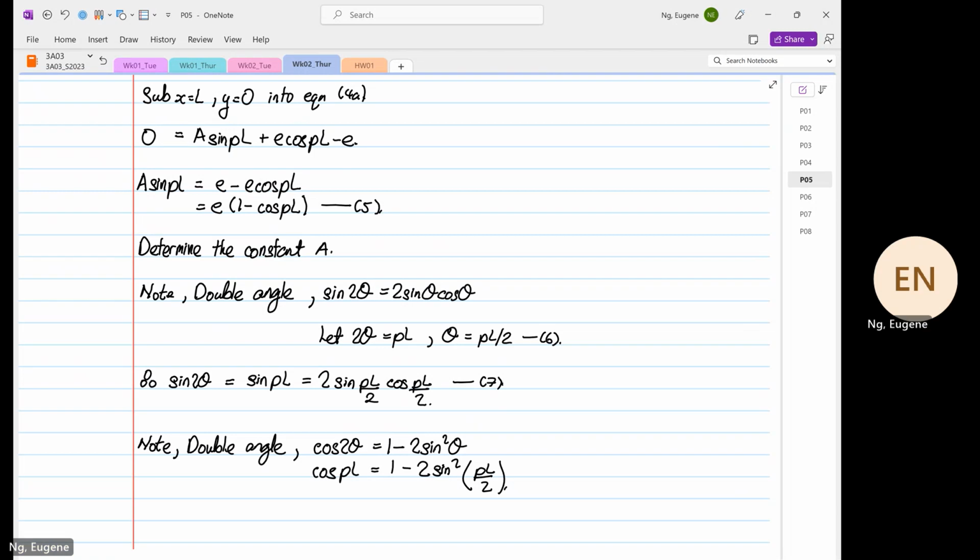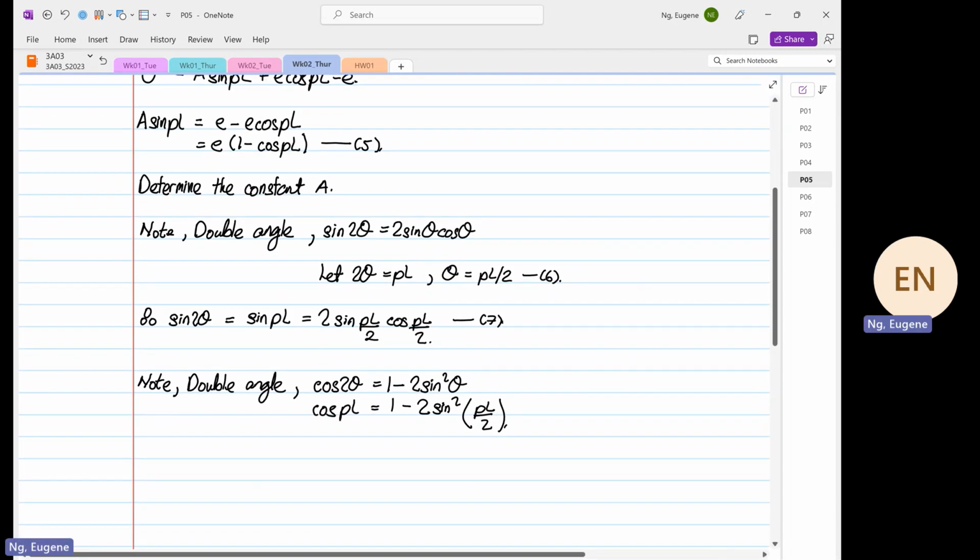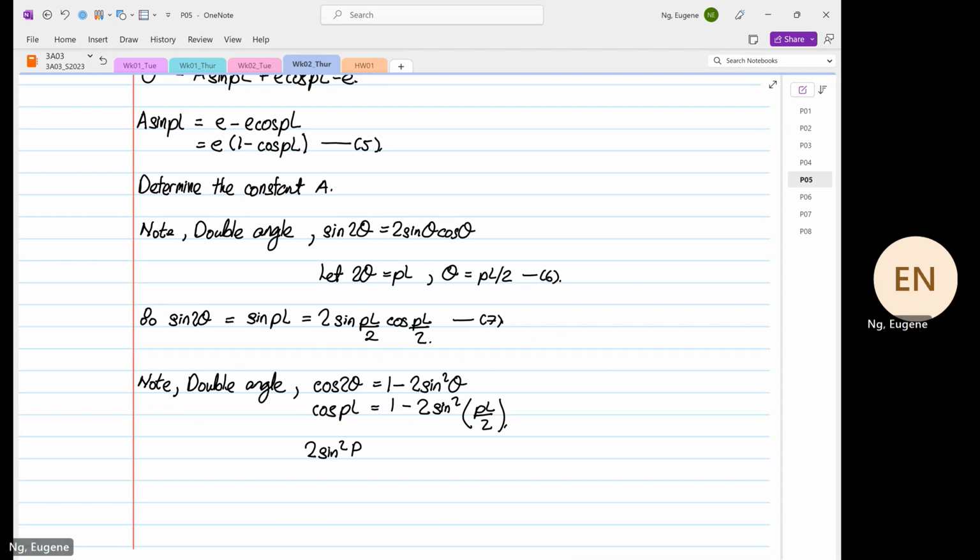So from here I will rearrange this equation: 2 sine squared PL over 2 is equal to 1 minus cos PL. And this is our equation number 8.